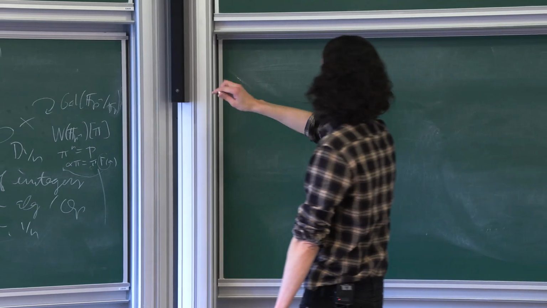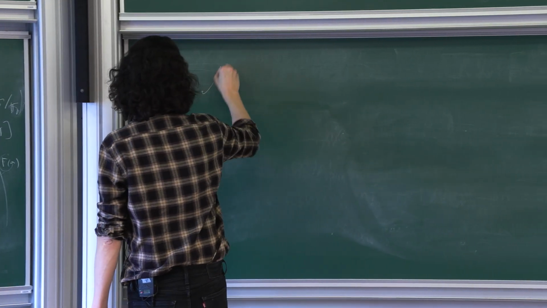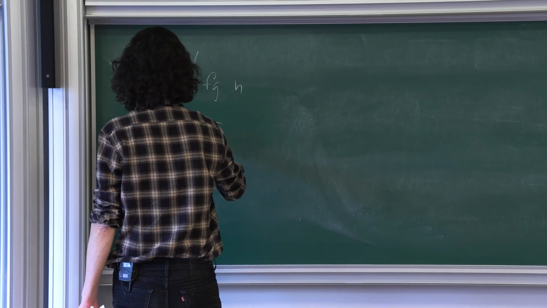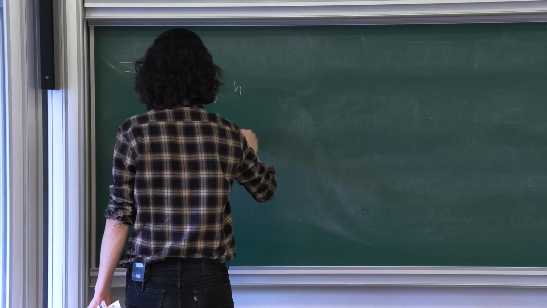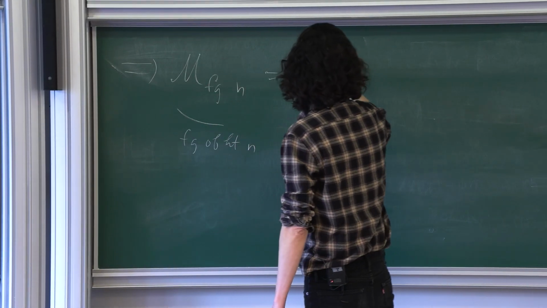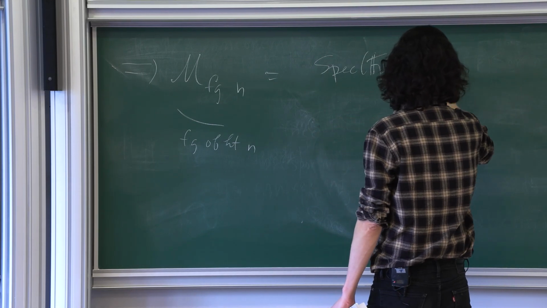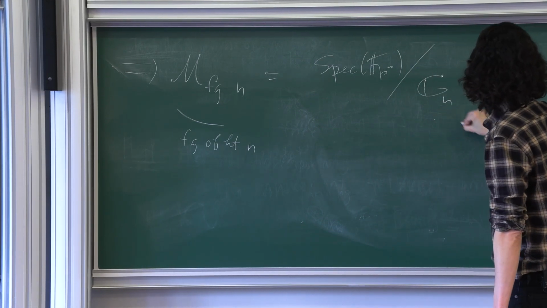Okay, the conclusion from all of this is that the moduli stack of formal groups of height n is just a quotient. You take Spec of Fp^n, and you mod out by a certain profinite group called the Morava stabilizer group.